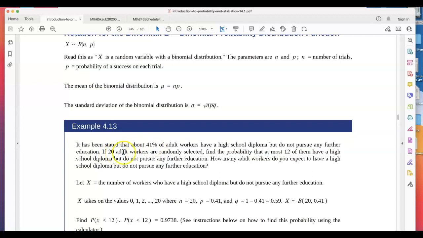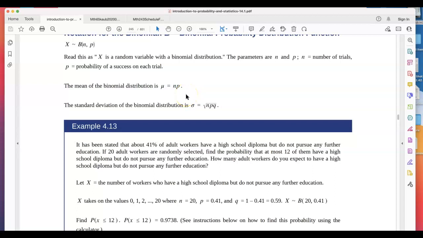Okay. And the probability that at most 12 have high school diplomas is a probability that we're going to have to find. We're going to use our calculator to find probabilities. If they wanted to know the mean and the standard deviation of this distribution, you could find that simply by using your calculator with these two formulas.